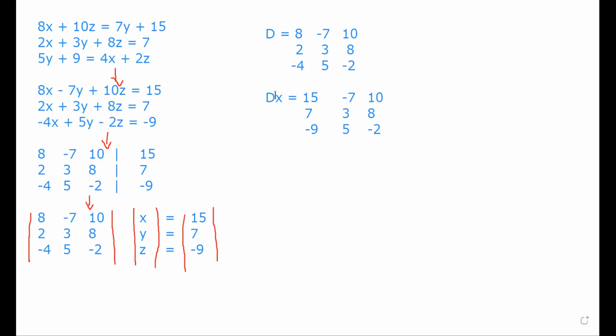So to find dx, you have to replace the first column of matrix D by this matrix. The matrix is 15, 7, minus 9. So in that sense, I have created dx: 15, minus 7, 10, 7, 3, 8, minus 9, 5, minus 2. Is it okay now?